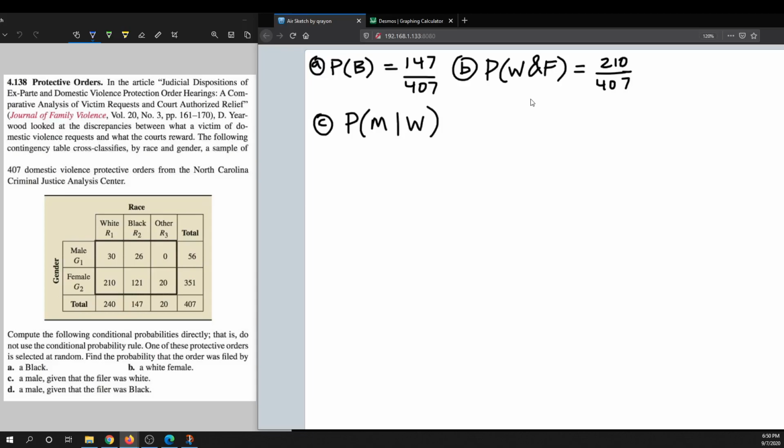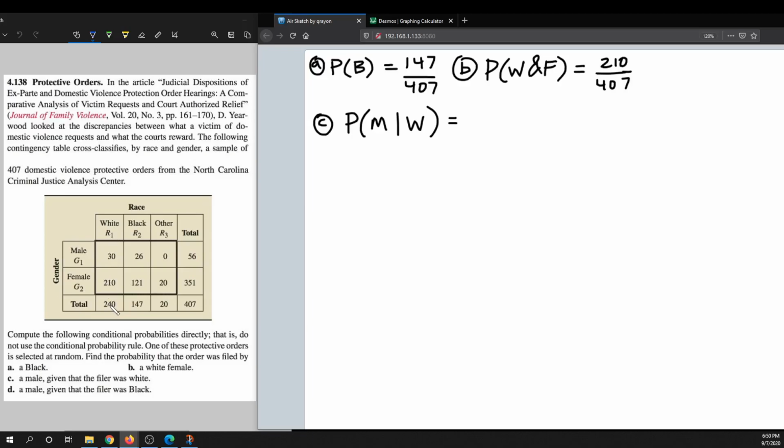So remember, this is a conditional probability, right? We're given that we know the race of the person, and then we're asked to calculate the probability that they are a male. And so now our sample space is down to the people in the white column here.